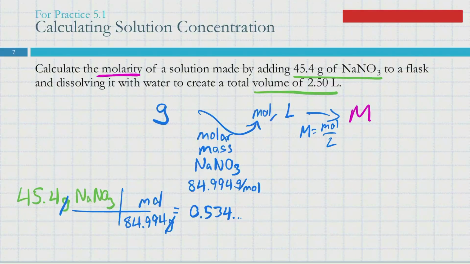We're not just saving ourselves time and space, we are also still using those numbers. Okay, so now we've got moles and we've got liters, so we can solve for our molarity.